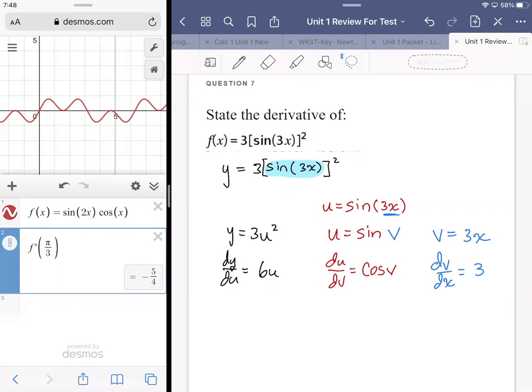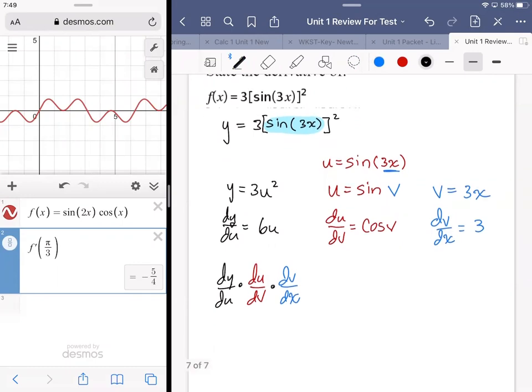Well, looking at the three different pieces here, again, I have a dy/du, a du/dv, and a dv/dx. If you were to multiply all three of these things together, you'd see that the du's would cancel and the dv's would cancel, and you'd be left with just dy/dx, which is ultimately what we're looking for.